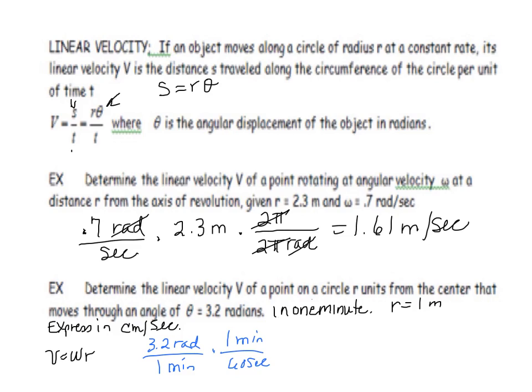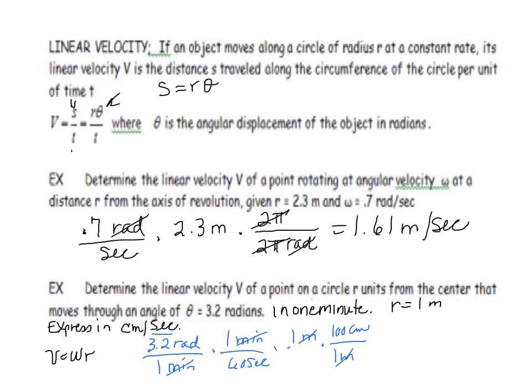So I've got the seconds figured out. Okay, the other thing I know is that the radius is 1 meter. Okay, but I need centimeters. So I know that 1 meter is going to be 100 centimeters. So I'm going to go ahead and do that conversion as well. Okay, so minutes and meters have canceled.